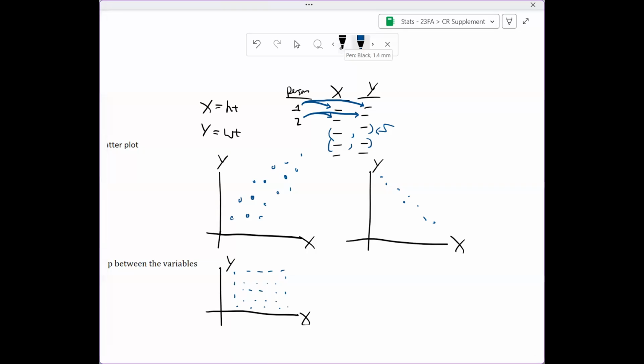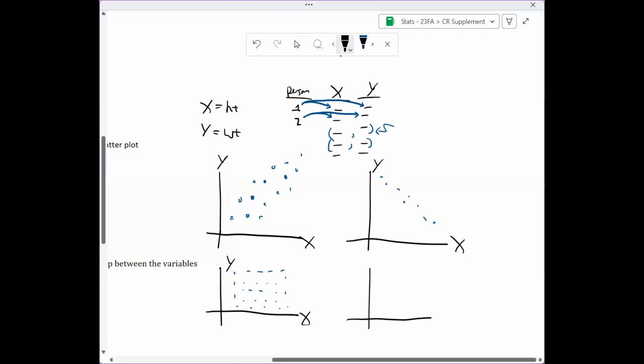And of course, our scatter plots don't always have to be in the first quadrant. X could be a variable that takes on some negative values, or y could be negative. I'm just drawing them in the first quadrant because it's a little easier to draw. Or I could have something like this.